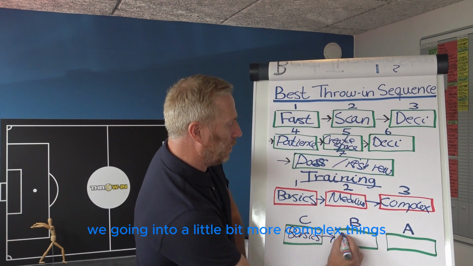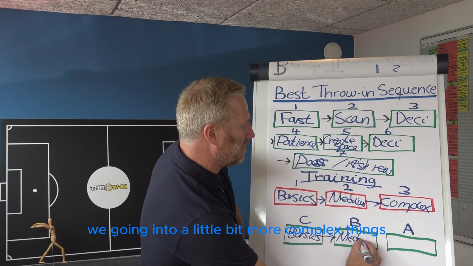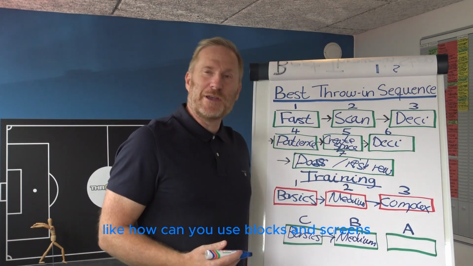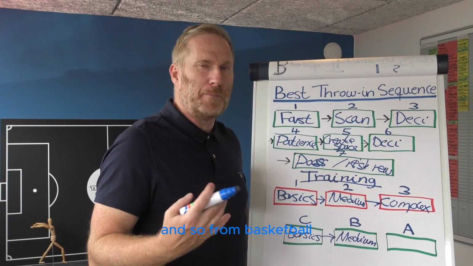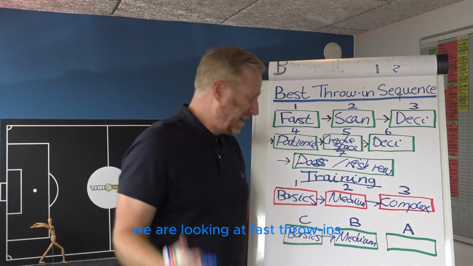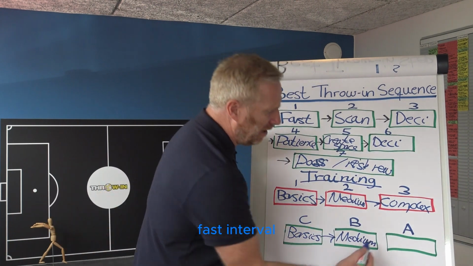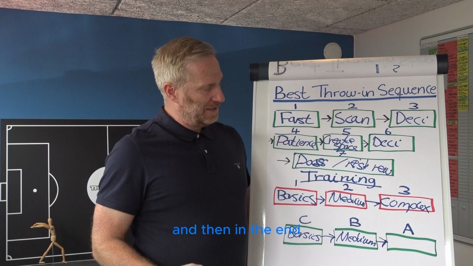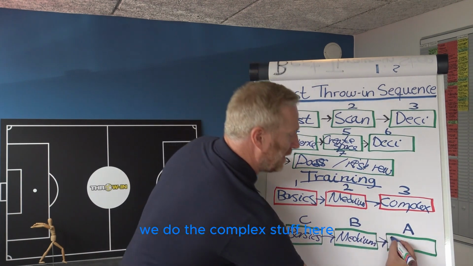Then after that, we're going to a little bit more complex things, medium things. Also things like how can you use blocks and screens from basketball. In a normal football throw-in in the middle of the pitch, we are looking at fast throw-ins, fast interval throw-in games and so. And then in the end, we do the complex stuff here.